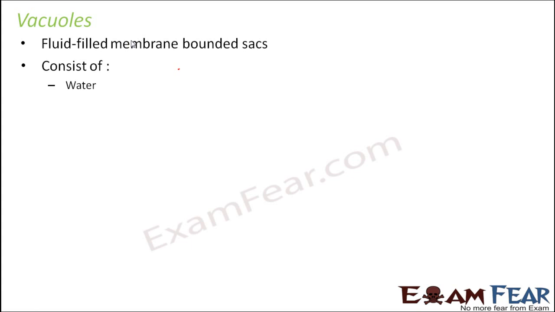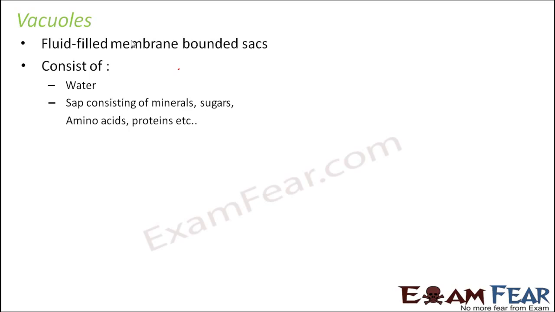They consist of water, sap consisting of minerals, sugars, amino acids, proteins, etc. Basically, these vacuoles are used to store the food for the plant. So whatever food the plant prepares, the storehouse of the food is the vacuole, and that is why vacuoles occupy a large volume of the plant cell.